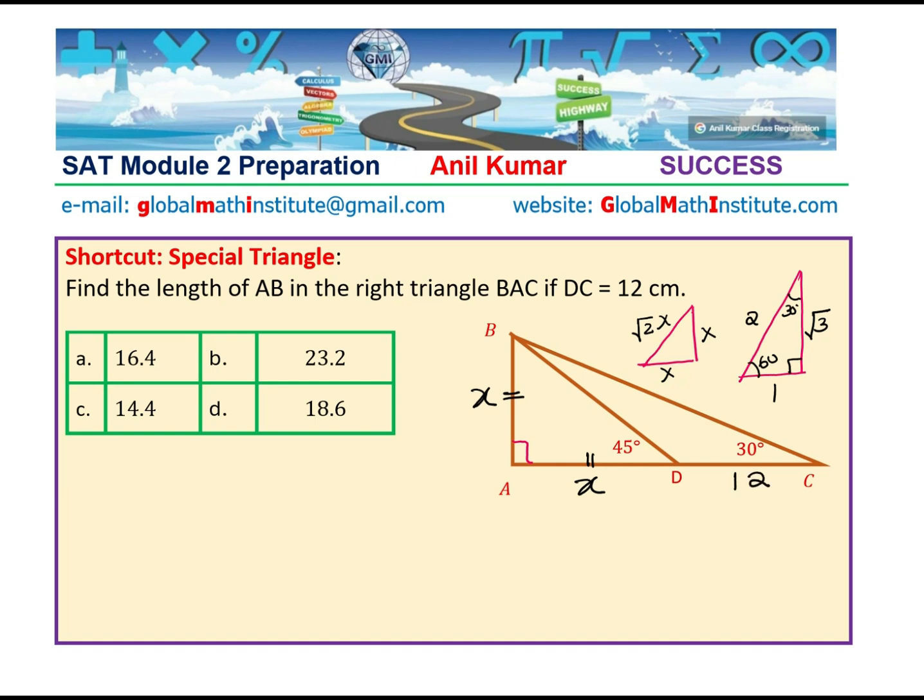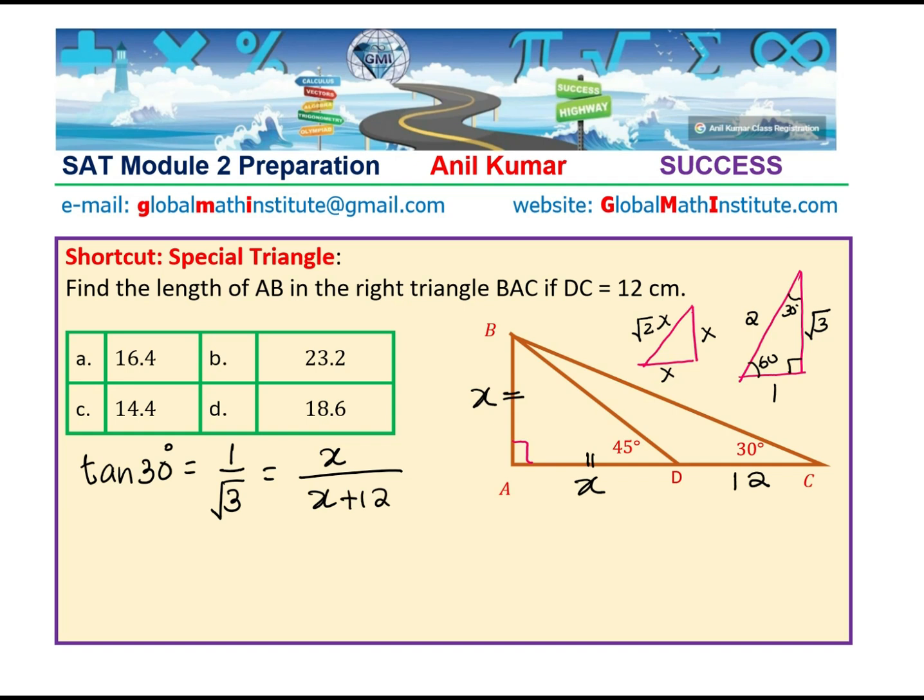Now, in a 30 degrees triangle, opposite over adjacent, tan theta, is 1 over square root 3. So tan of 30 degrees is 1 over square root 3, and in this triangle it is x over x plus 12.